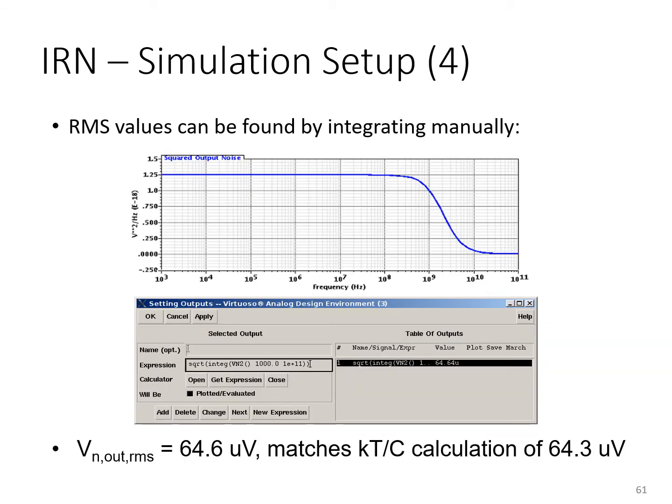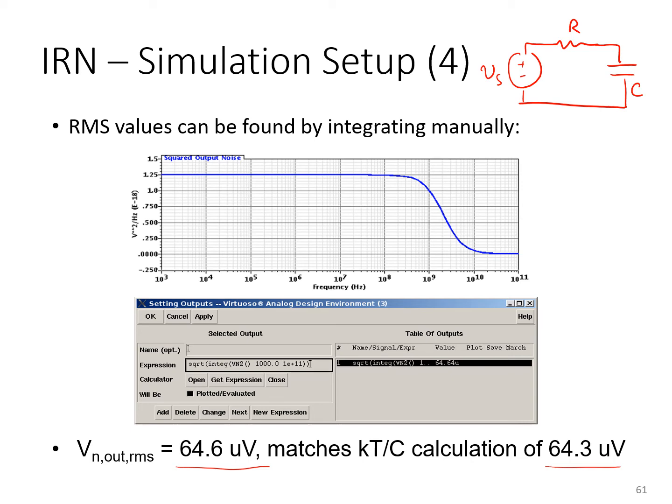In this simulation, you can also get the simulator to integrate that output noise spectral density, and the result it gets is in very close agreement with the back of the envelope calculation for kT/C in this case. So that's good. So what does this really tell us about the input referred noise? Well, this simple RC low pass filter has a DC gain of 1.